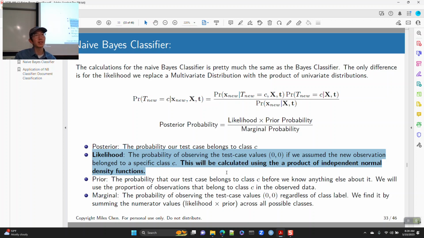Rather than using the density of the multivariate normal, we're going to use dnorm, the density of a univariate normal. We're going to do dnorm for x1 multiplied by dnorm of x2.